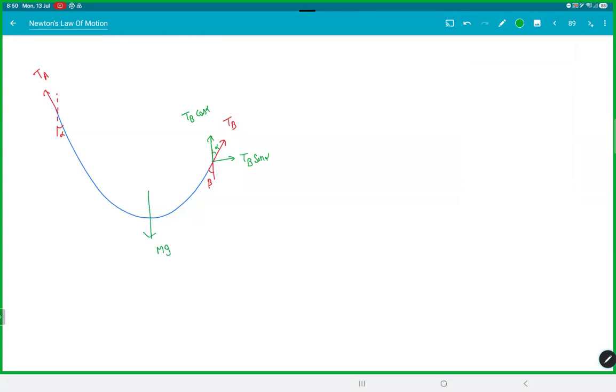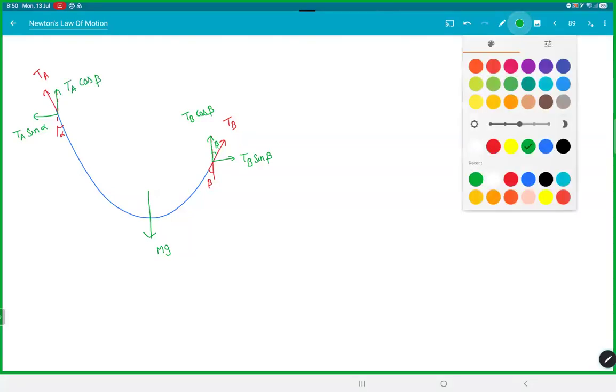Mass is given. And this is TA cos beta. Perfect. Two variables, two equations.